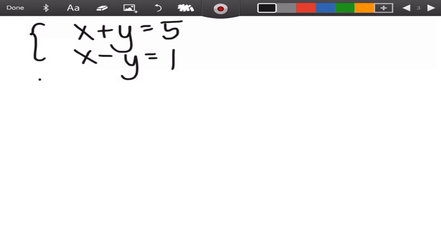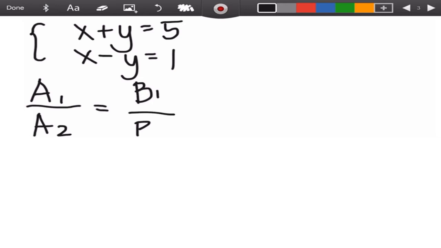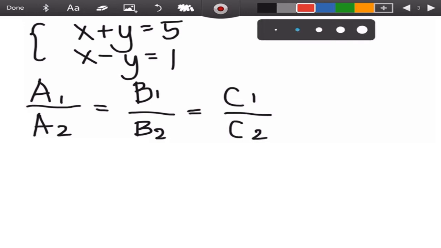We will use a sub 1 over a sub 2 equals b sub 1 over b sub 2 equals c sub 1 over c sub 2. For a sub 1 and a sub 2, we get the numerical coefficient of x.